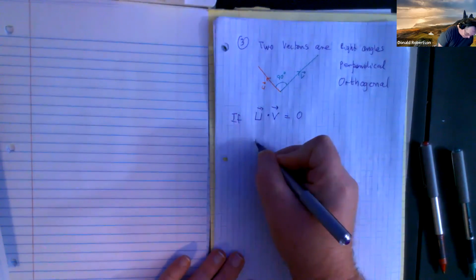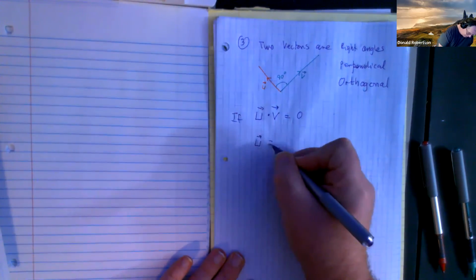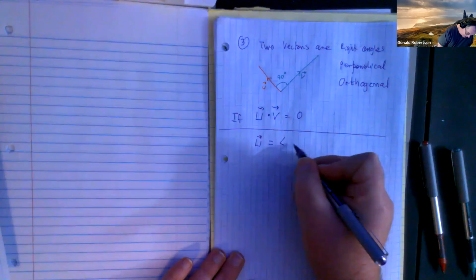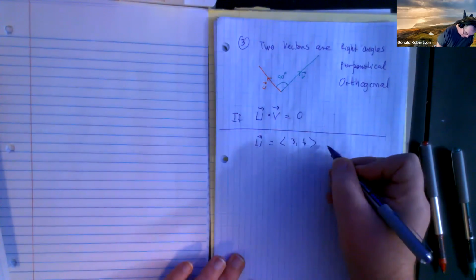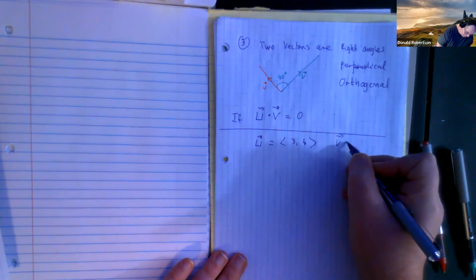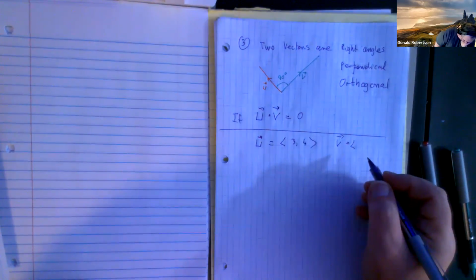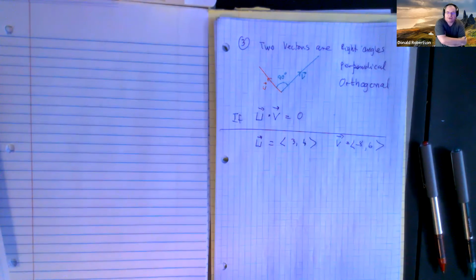So let's just pick two examples, one where it is and one where it isn't. Suppose I had a 3, 4, and the other one was negative 8, 6. And we were being asked, is it perpendicular?